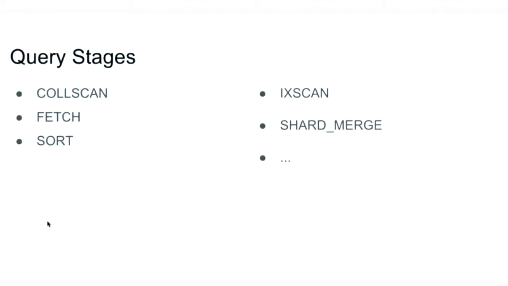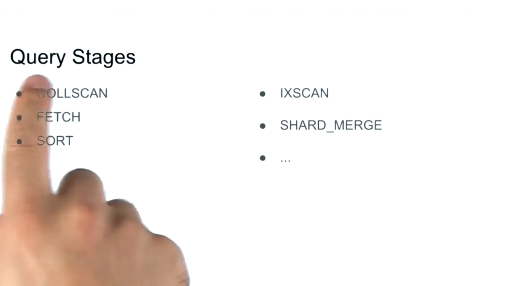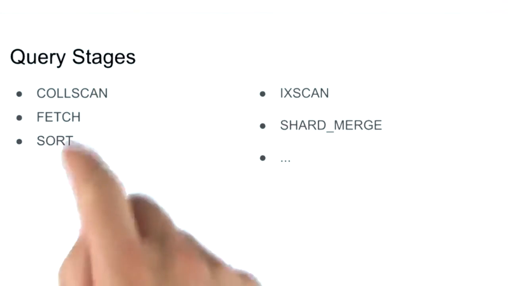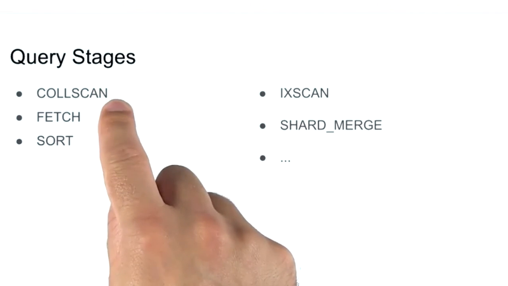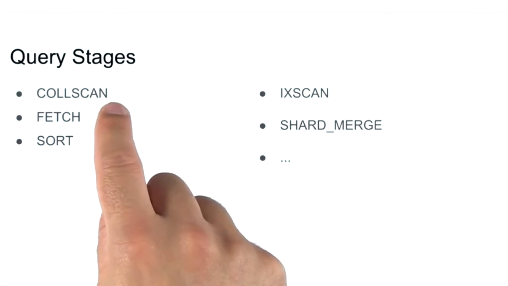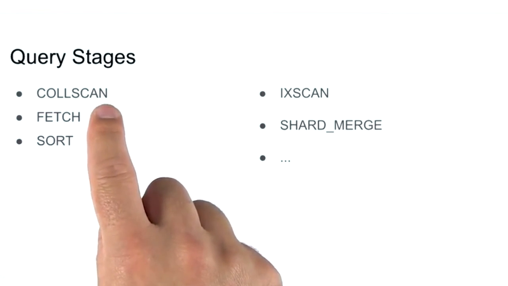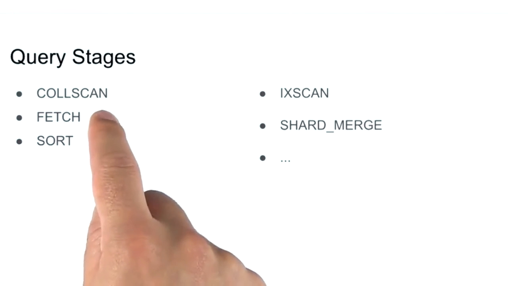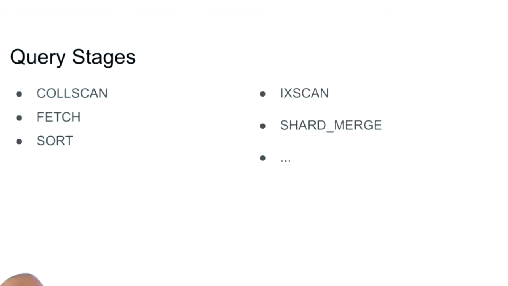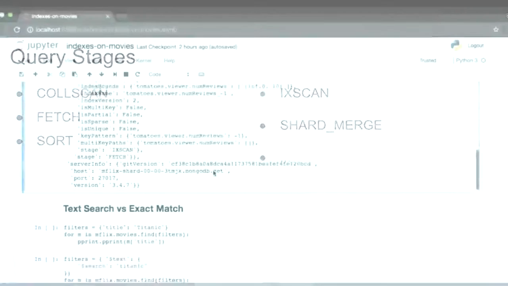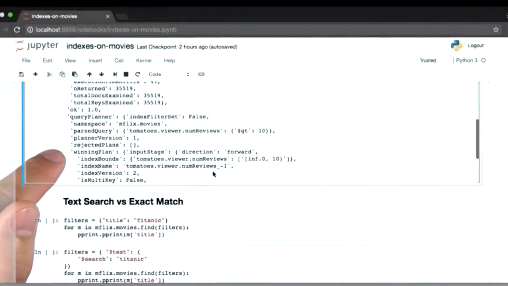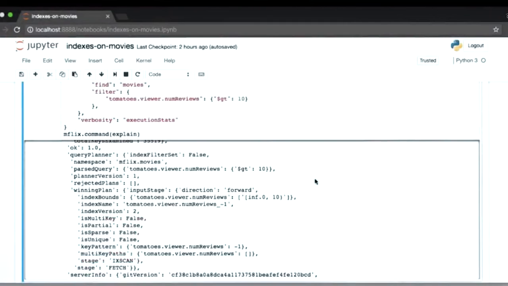I'm not going to go too deep into the weeds of the query engine and all the stages it performs, but you should be aware that every single query executed in MongoDB and in other databases will go through different stages. You can have, for example, COLLSCAN, which stands for a collection scan. This is the worst performance you can get because it will go through all the documents of your collection and try to match them against your query criteria. But there are others like fetch, sort, index scan, shard merge, a bunch of different stages that make part of your query. You will find some of them in your explain output.